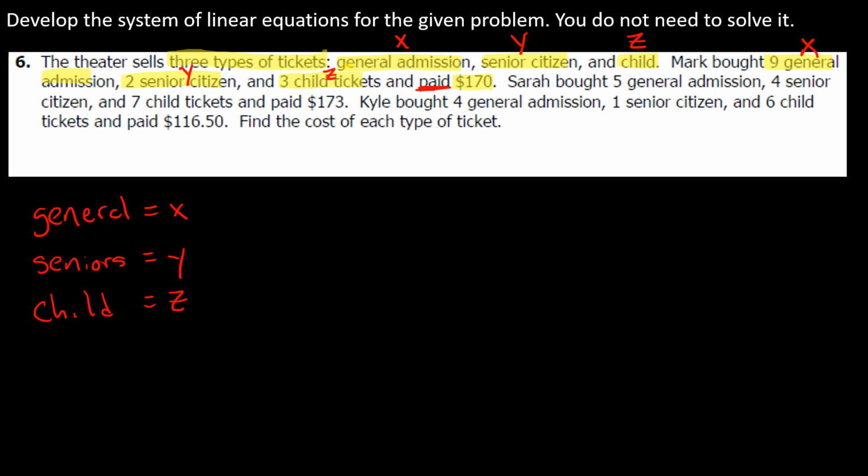So if we were going to start pulling this information out, we would say 9x plus 2y plus 3z equals $170.